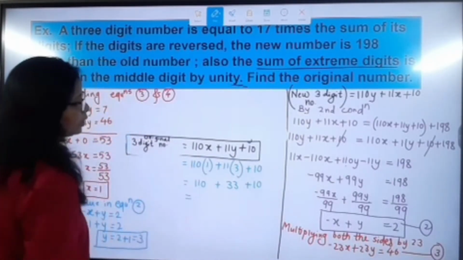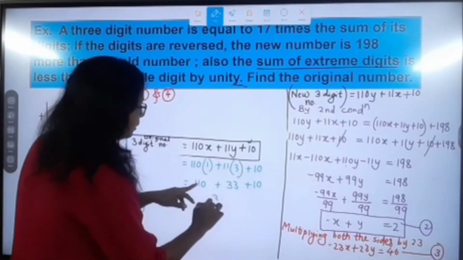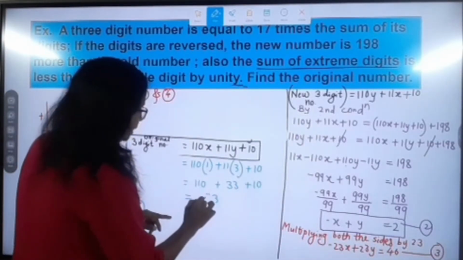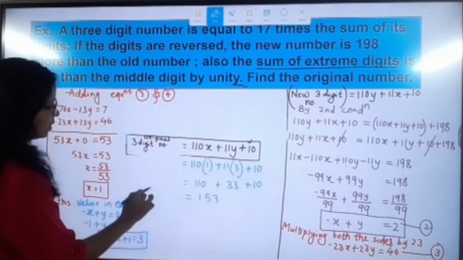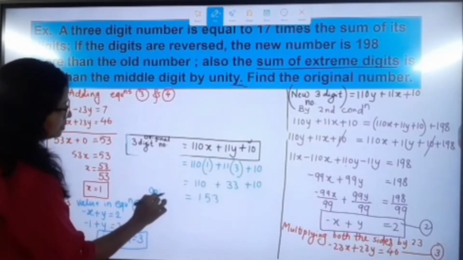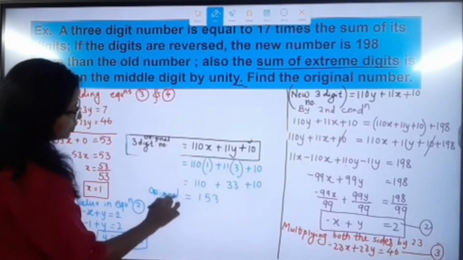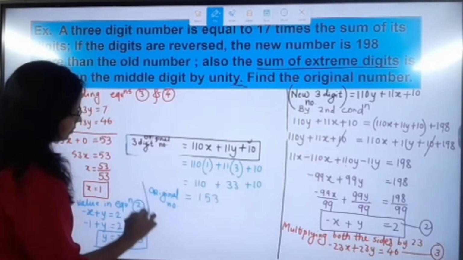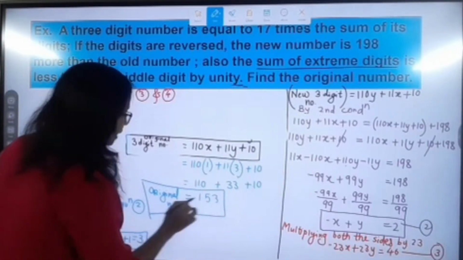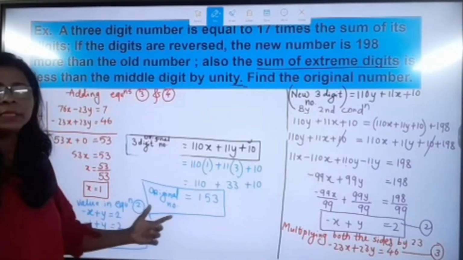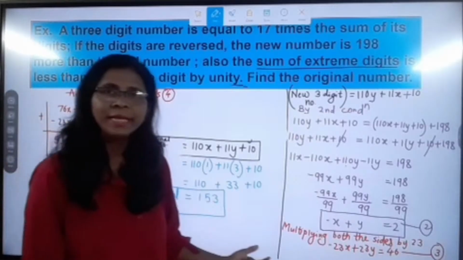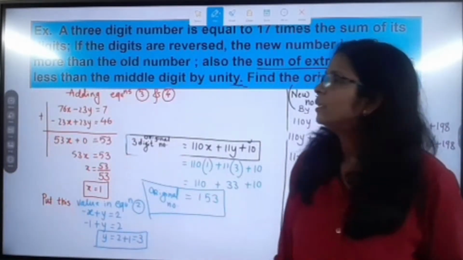So the original number is equal to 153, students.